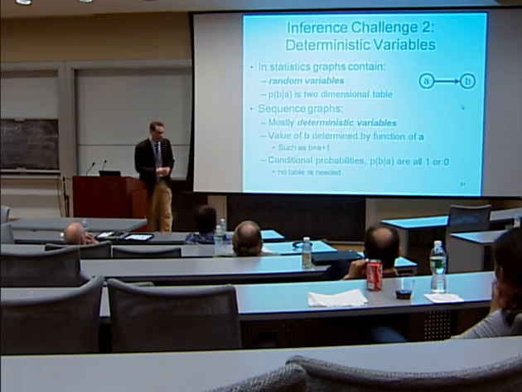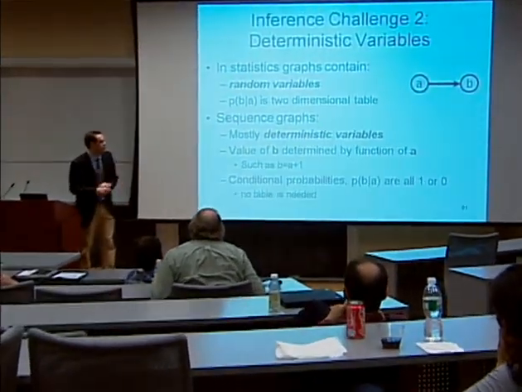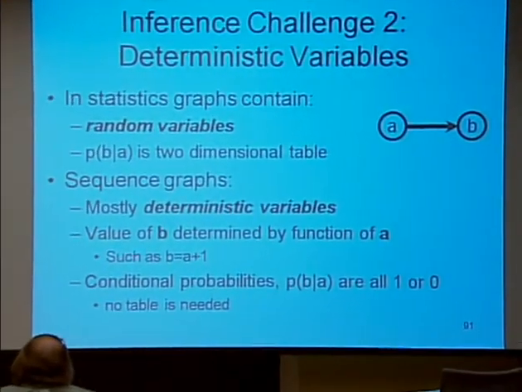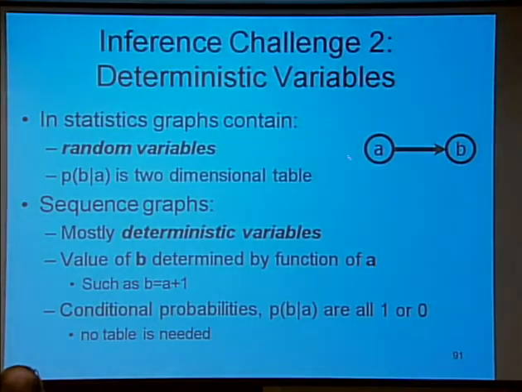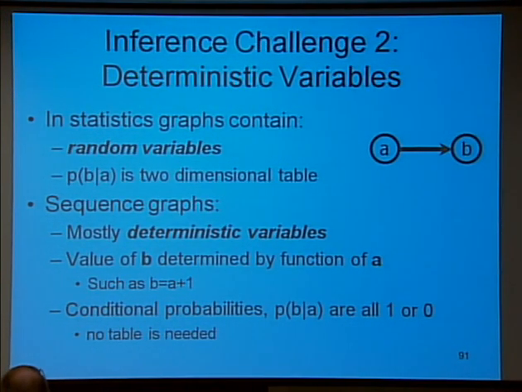Okay, I think some of you have seen this talk, but maybe I can introduce it to everyone else. In much of the graphical model community, your graphs are made up primarily of random variables. So if you have a simple variable A and B, modeling the probability of B given A means a conditional probability table, which is a two-dimensional table.